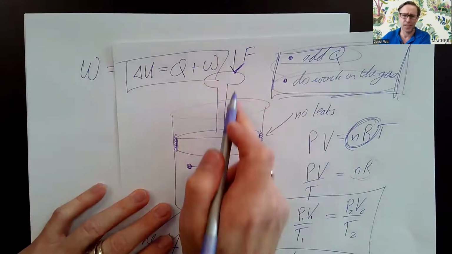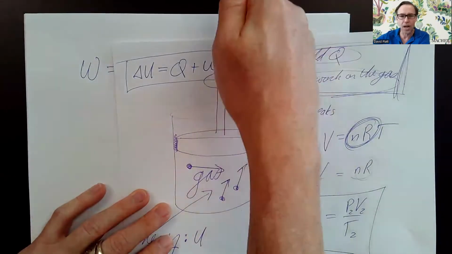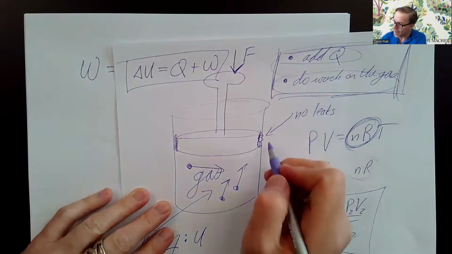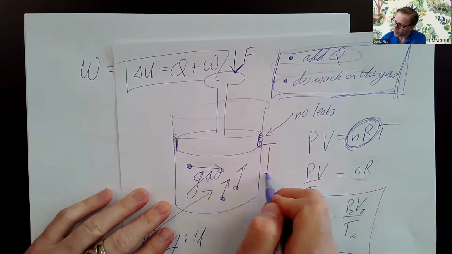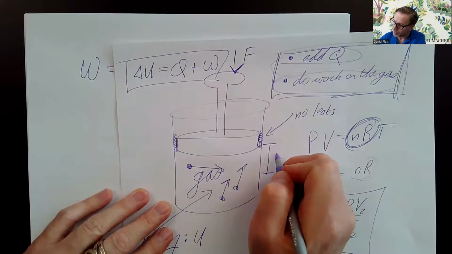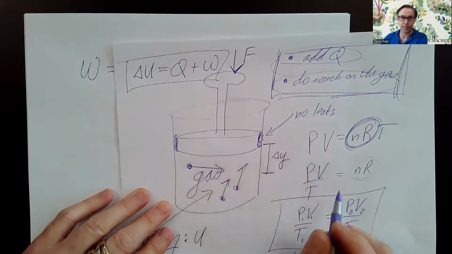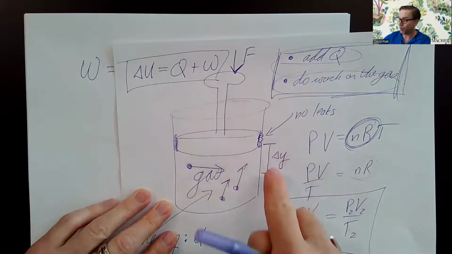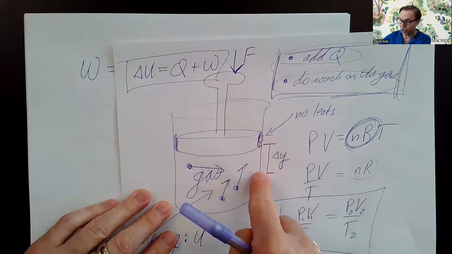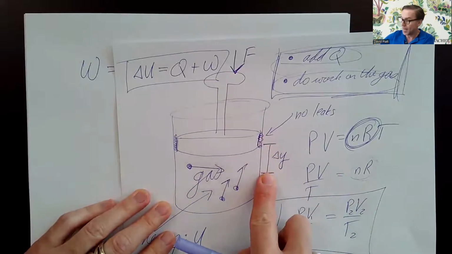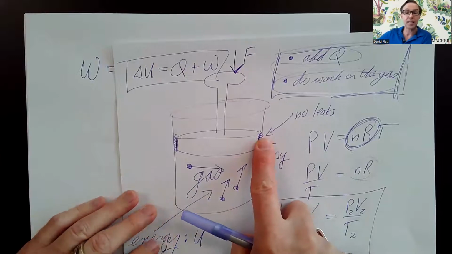It's not negative because it's pointing down. That's just how hard I'm pushing. And then how far this moves is delta Y. If we move down, delta Y is negative, and if we move up, delta Y is positive.